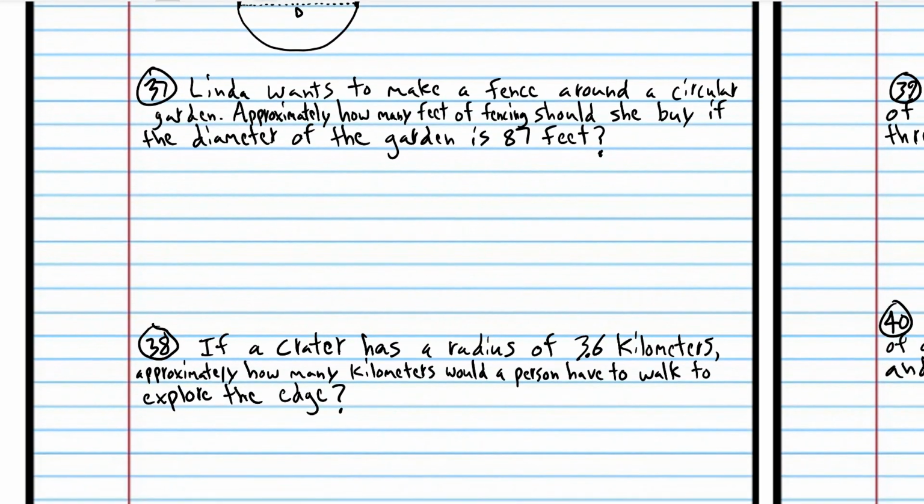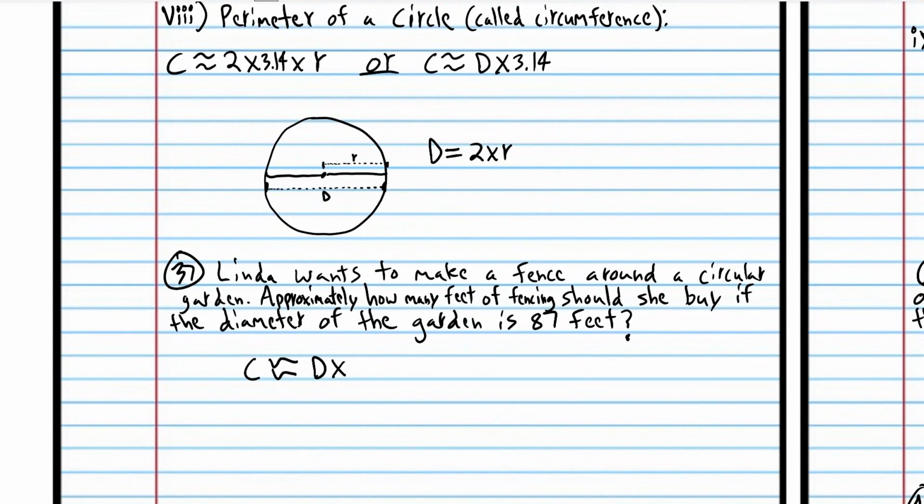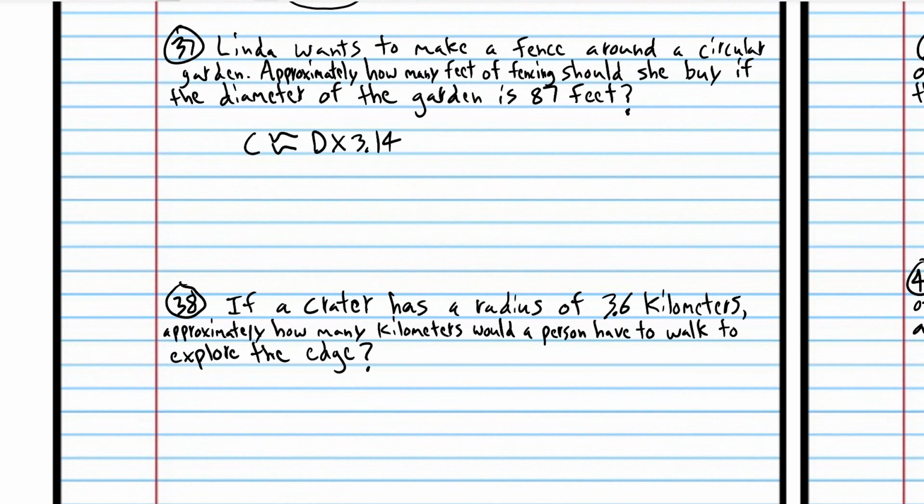All right, we're back. So we're given the diameter, so we can use the following formula. And diameter, so we're showing which tool we're using. Diameter is 87 feet. And so now we just multiply.